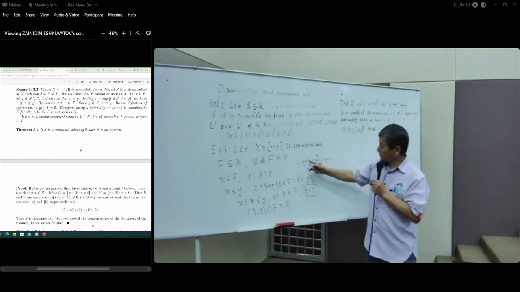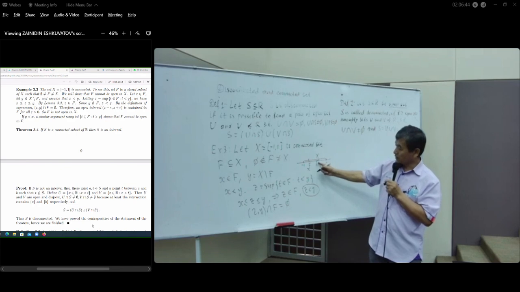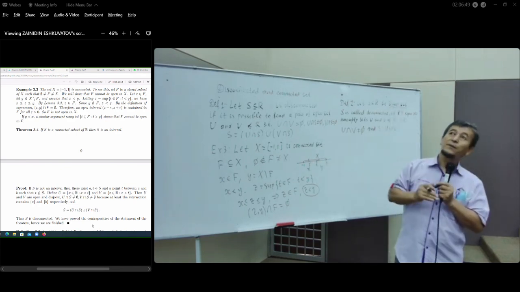Because F is this part, and (Z, Y) is this part. This is Z and Y is this interval. So the intersection with F is empty, correct? It is empty.